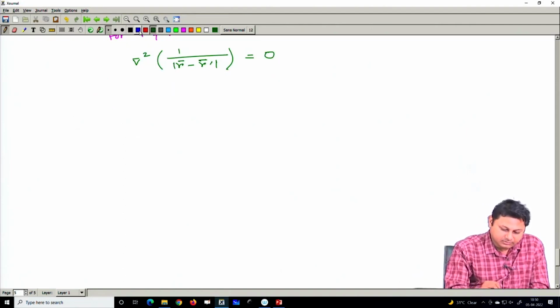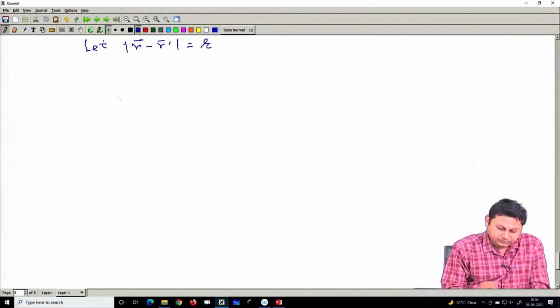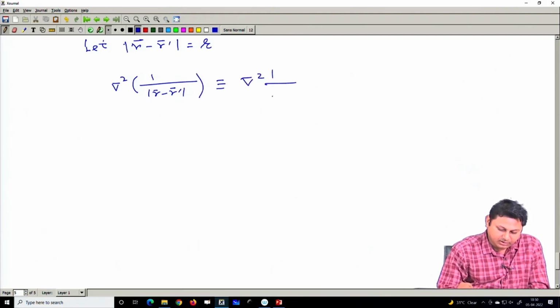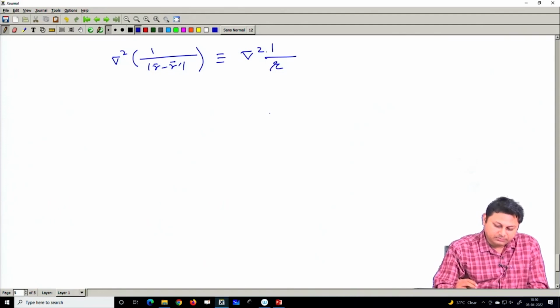Let the mod of r minus r prime be curly r. Then eventually I am calculating this quantity, mod of r minus r prime. So, this is equivalent to the Laplacian of 1 by curly r that I am calculating.